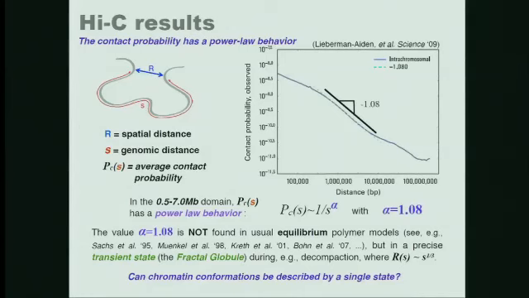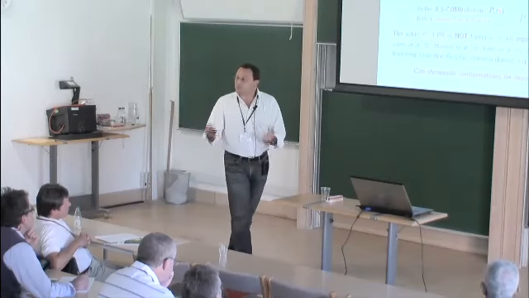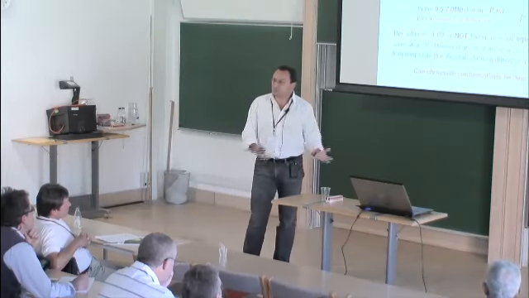And the other exciting news was the exponent, as we've seen this morning, because 1.081 is not found in the contact probability of standard polymer models. And so the idea of the fractal globule model has been introduced, as we know. And the exciting fact is that, if I call alpha the exponent of the power law, the fractal globule, which is a transient state, predicts an exponent which is very close to what you observe experimentally.